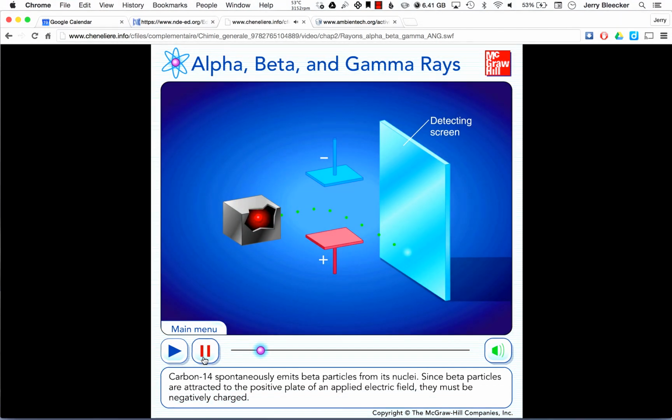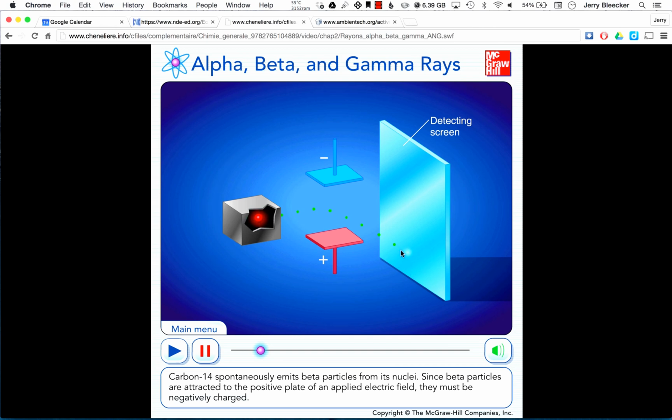Carbon 14, as it undergoes beta decay, emits electrons. And electrons, when they come streaming out of something like carbon 14, are negatively charged. So if we set up an electric circuit, if we charge 2 plates, positive and negative like this, what we can observe on the deflecting screen is that the electrons being emitted will be bent. They'll be bent downwards, and they'll glow on this portion of the screen.